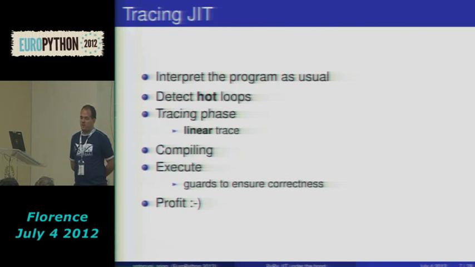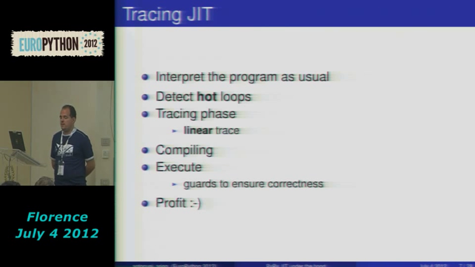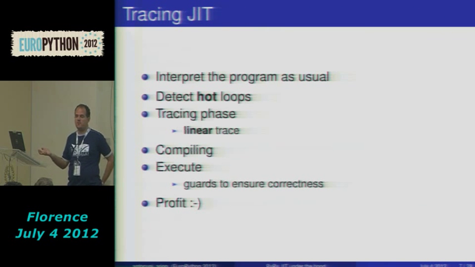After we have traced and optimized the trace, we can compile it to assembler code, we execute it, and then we win. Of course, since this trace represents just a single possible code path, we need to insert what we call guards to ensure correctness. As long as the loop stays in this code path, we are fine and we are fast.